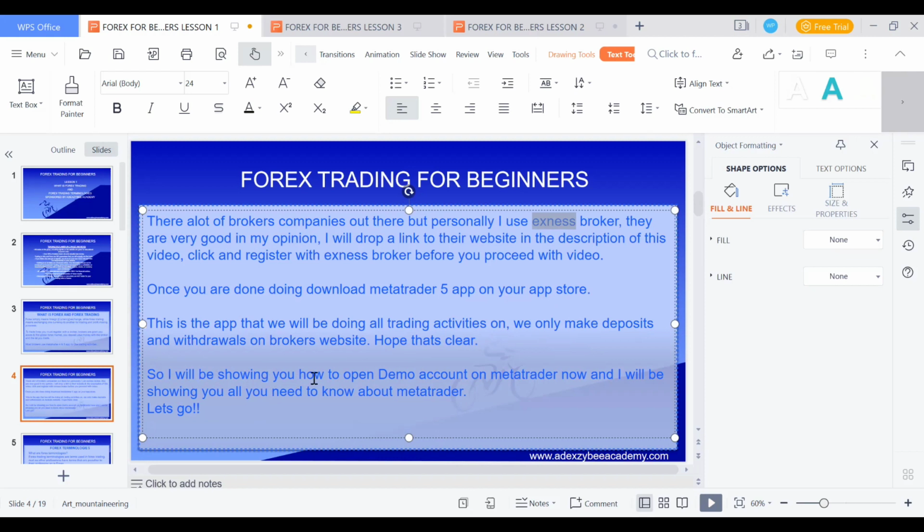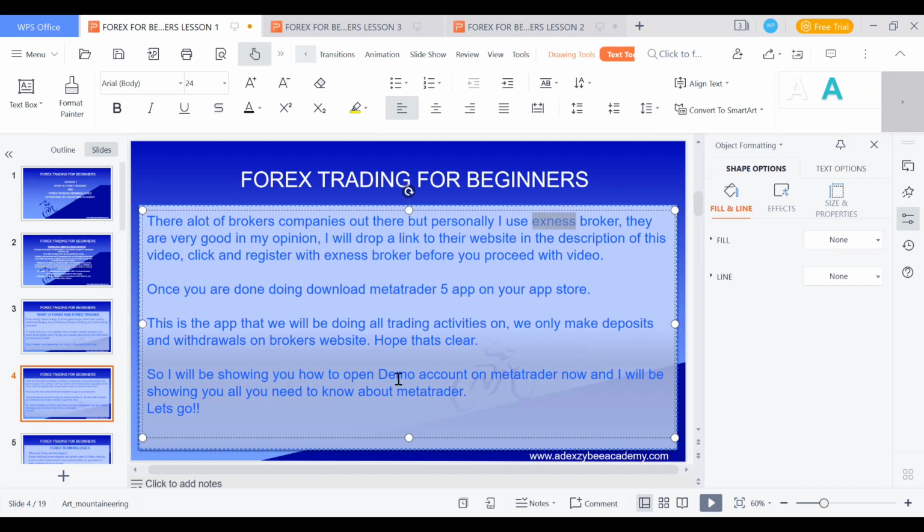So I will be showing you how to open a demo account on MetaTrader now, and I'll be showing you all you need to know about MetaTrader. So let's go. Since we will not be having much business to do on our broker's website, which is Exness, we will not be talking much about that, but all our trading activities will be done on MetaTrader. So let's go to MetaTrader now and see what it looks like.